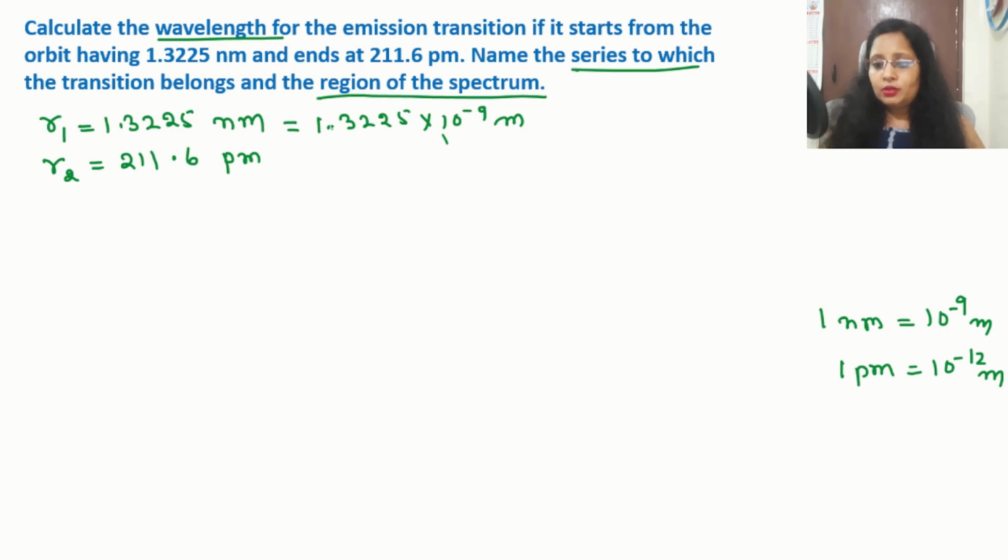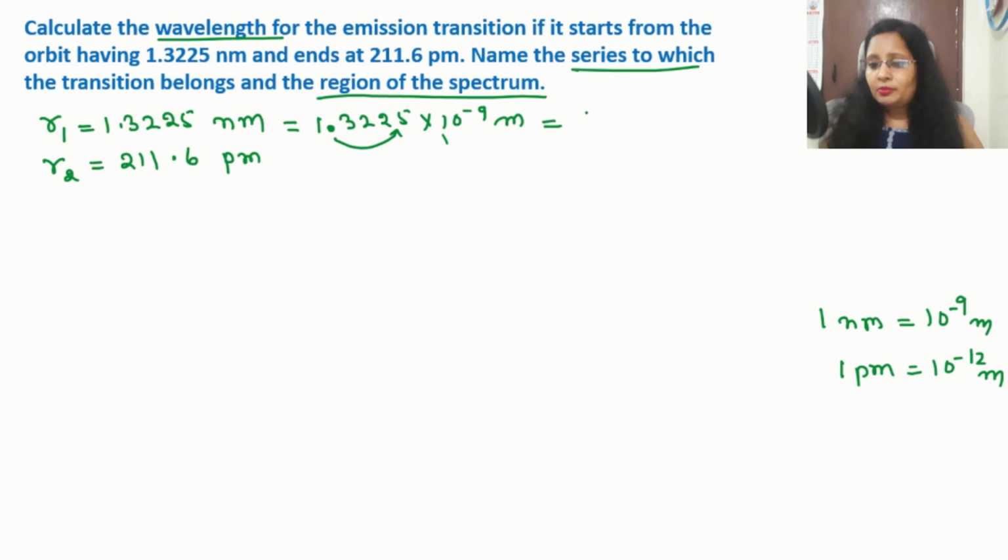So how will we do it? We can shift the decimal. If we shift the decimal 3 steps to the right side, it means minus 3 will be added, so 9 plus 3 will be 12. So we will shift the decimal to this place.